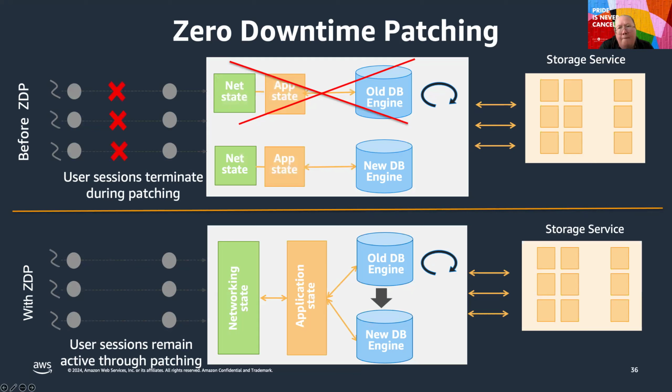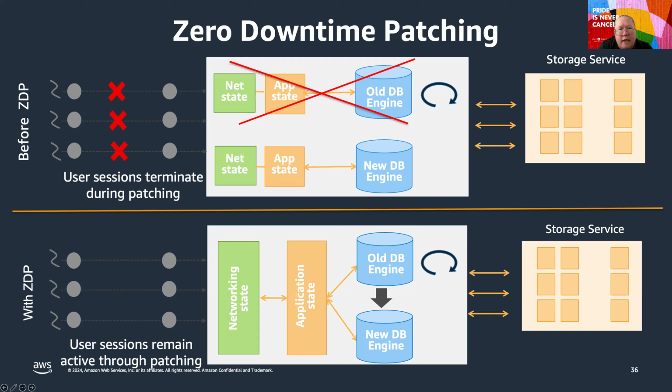So while we patch the environment with the new patch level, on a best effort basis it tries to preserve the sessions and client connections without interruptions. Best effort meaning not always.